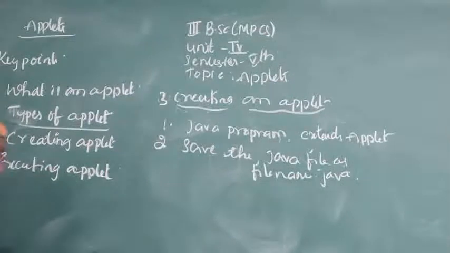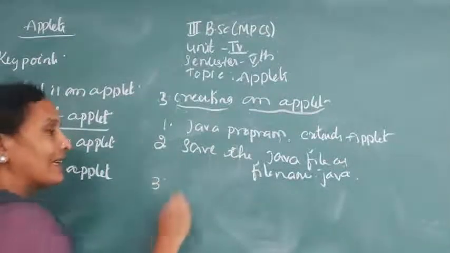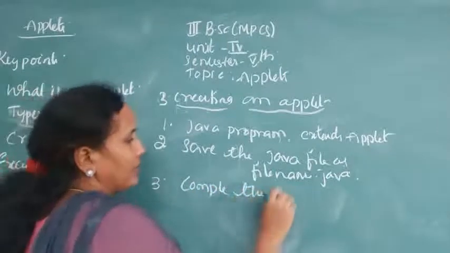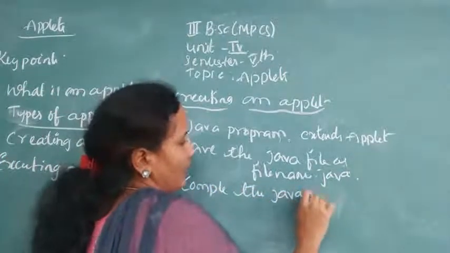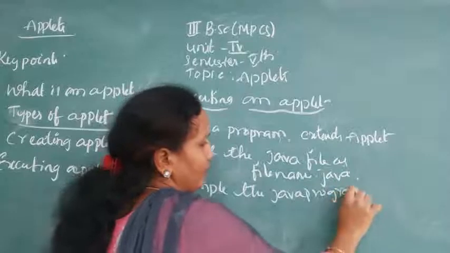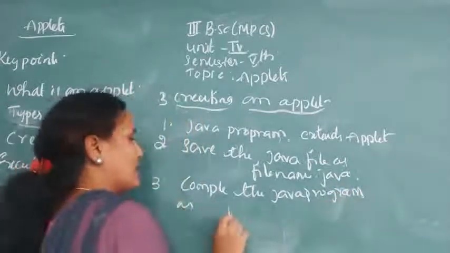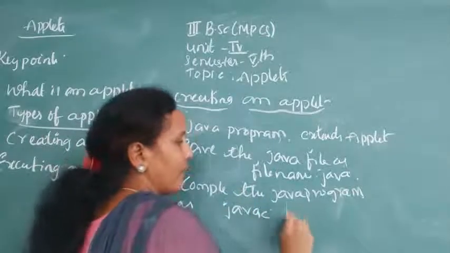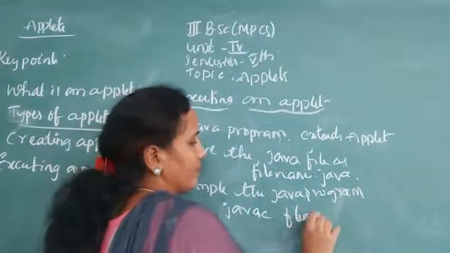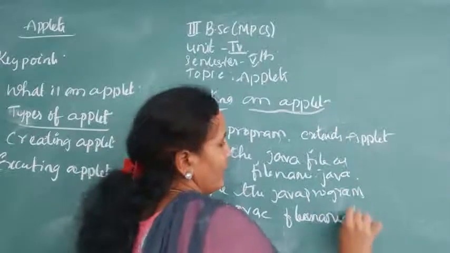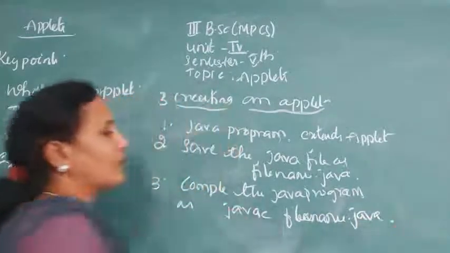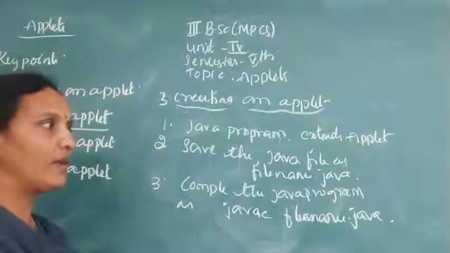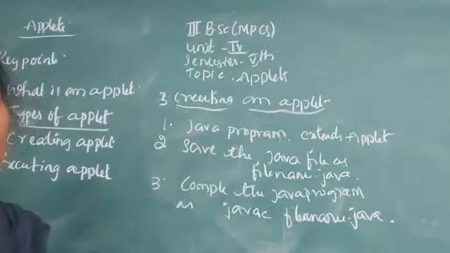Now after this, compile the Java program as javac space file name dot java. I think you all know this. Compile the Java program as javac file name dot java.